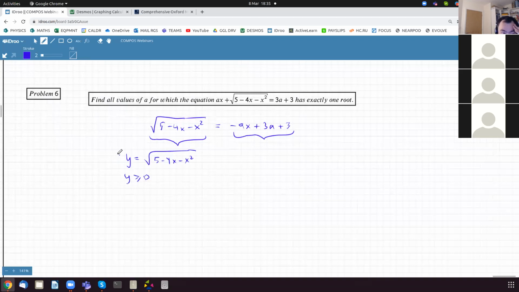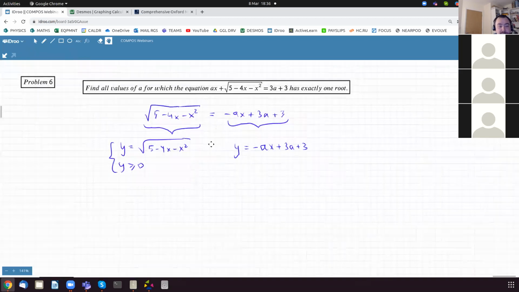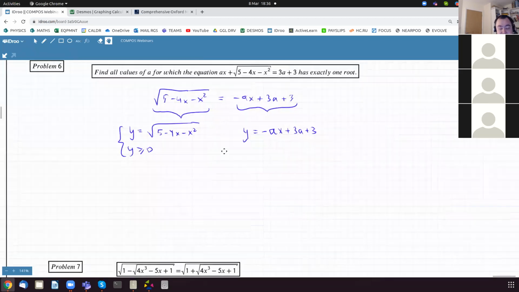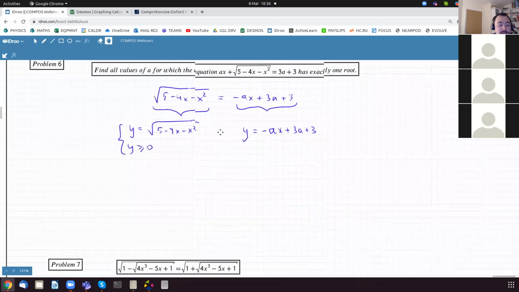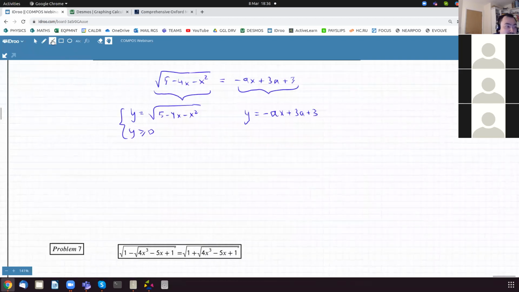This is an "and" because they have to be true at the same time. And here, y is equal to minus ax plus 3a plus 3. And I'm going to sketch those curves, because that's the easiest way to analyze how many roots it has.